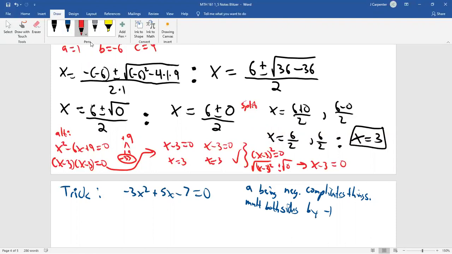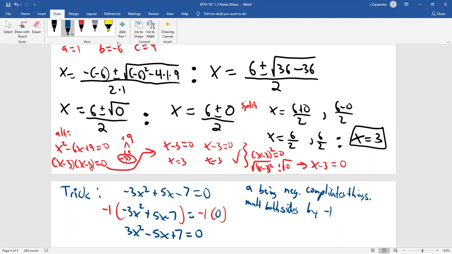So we'll take negative 1 times the left side, negative 1 times the right side. Which gives us positive 3x squared minus 5x plus 7 equals 0. Now your A is positive 3, your B is negative 5, your C is 7.